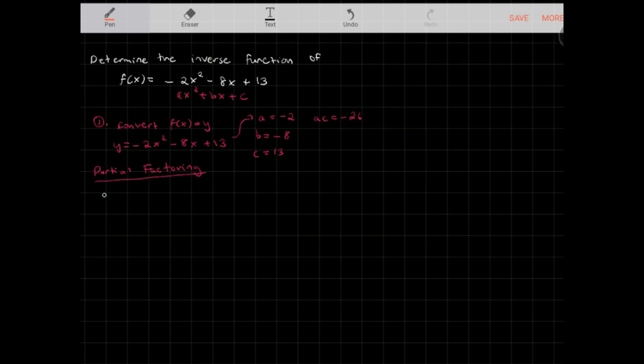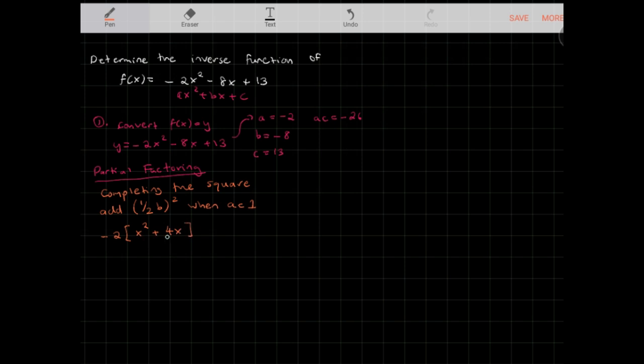Okay, so when you're partially factoring it, when you're completing the square, the rule here is we want to add 1/2 b squared when a is equal to 1. So in this case I'm going to factor out negative 2, so you get x squared plus 4x.